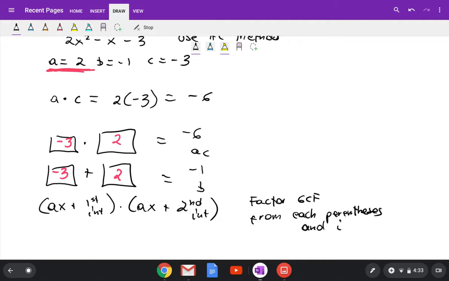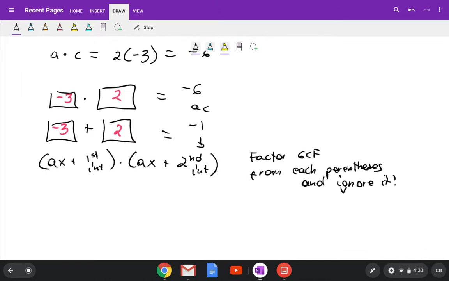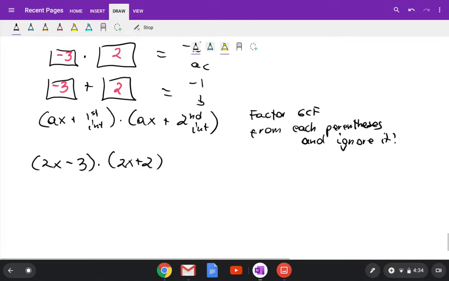That's how I teach you. So don't forget, okay? So we're having 2x minus 3 times 2x plus 2. So the first factor is 2x minus 3. Here there is no GCF.